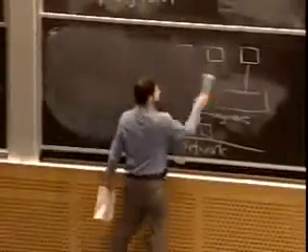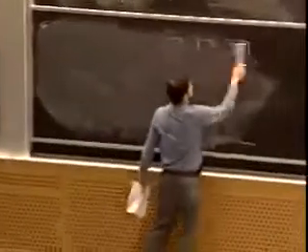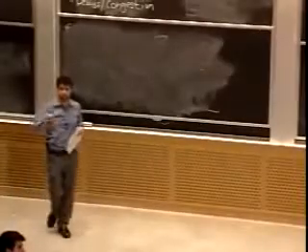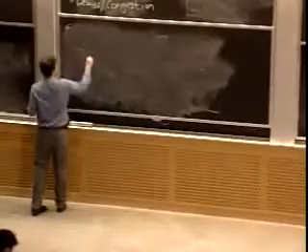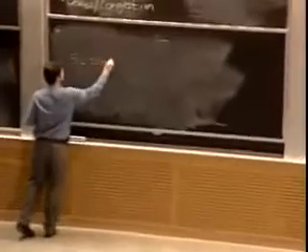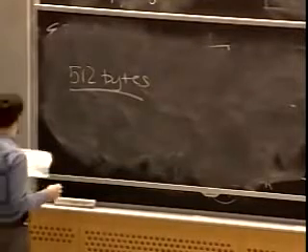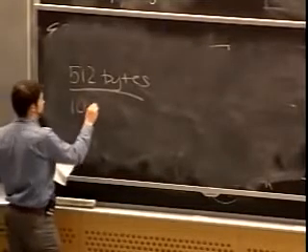So let's do a simple calculation. Suppose that the segments being sent back and forth and being acknowledged are, say, 512 bytes large. And suppose the round trip time in the network is, say, 100 milliseconds, which might be a common round trip time in a traditional network.